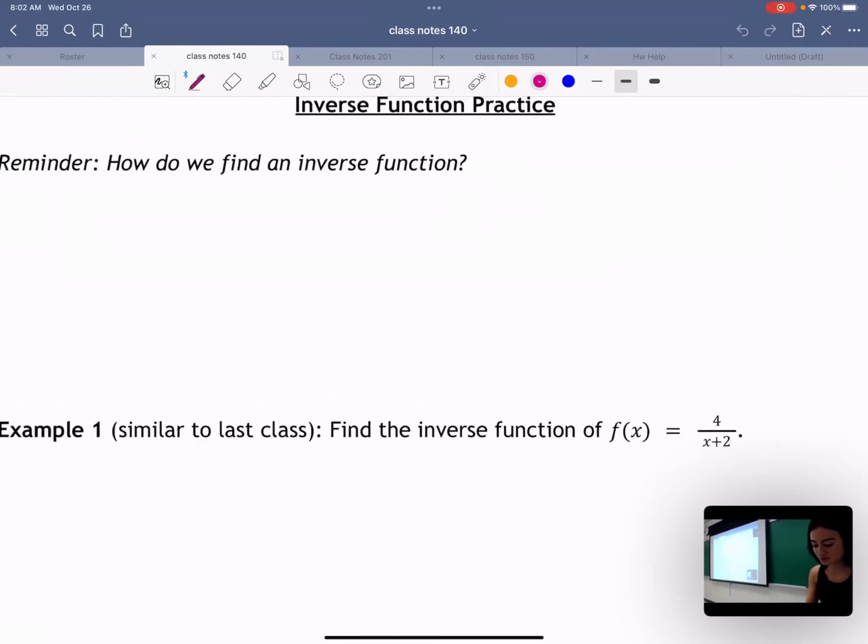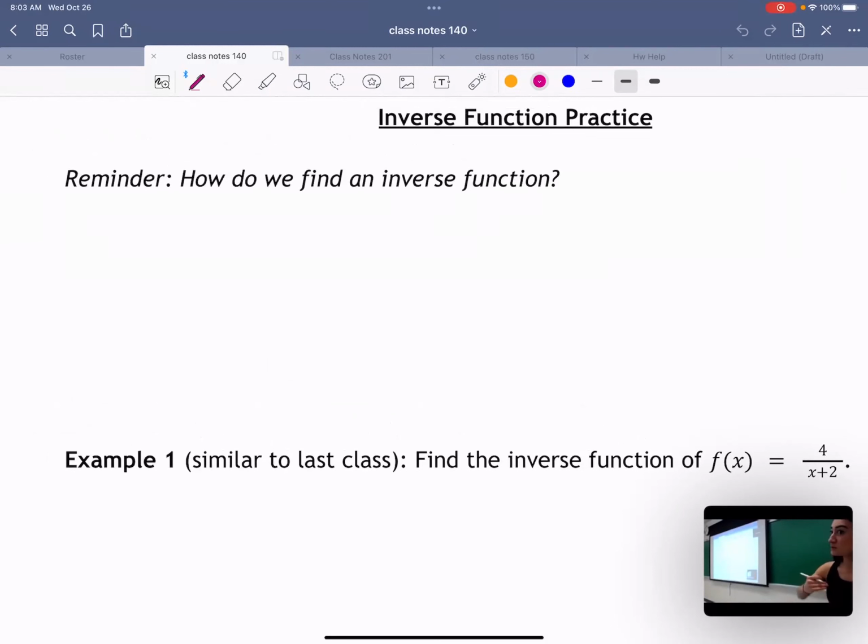Yeah, perfect. For an inverse function, the way that we go about this is we switch x and y. That's essentially how you find the function. Of course, you have to solve for y after that, but the idea behind inverse functions isn't too big of an idea. We just switch x's and y's and figure out what happens, okay?